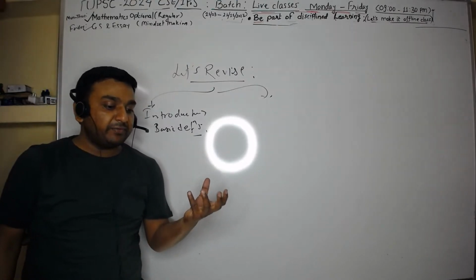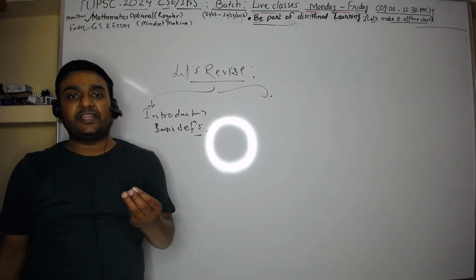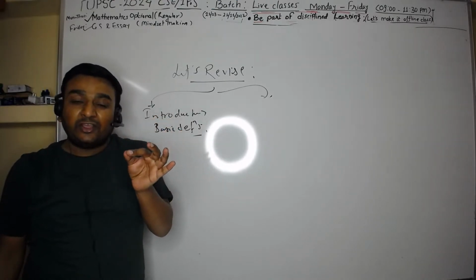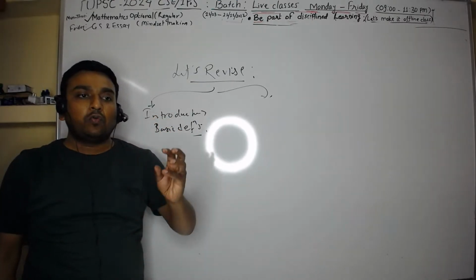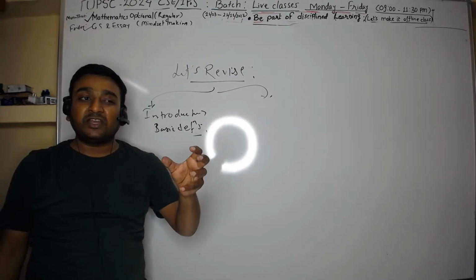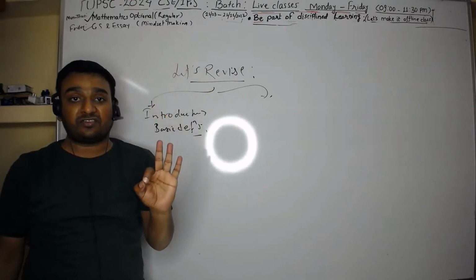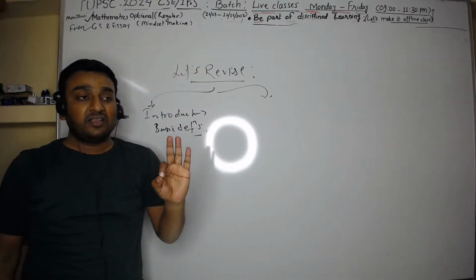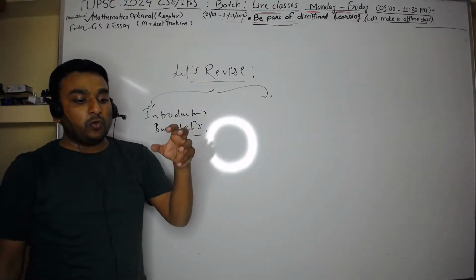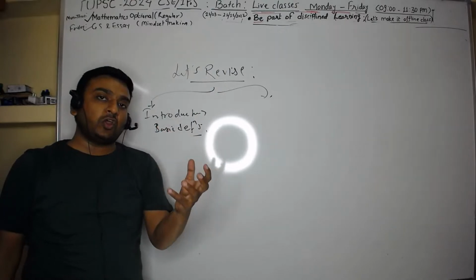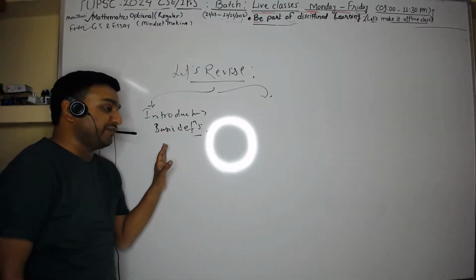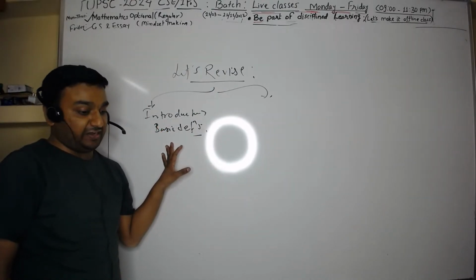What is dependent variable? What is independent variable? What is the degree of a differential equation? What is the relation between arbitrary constant and the order of the differential equation? Right? Linear differential equation, homogeneous differential equation, non-homogeneous differential equation, the basic definitions we did in the first lecture.